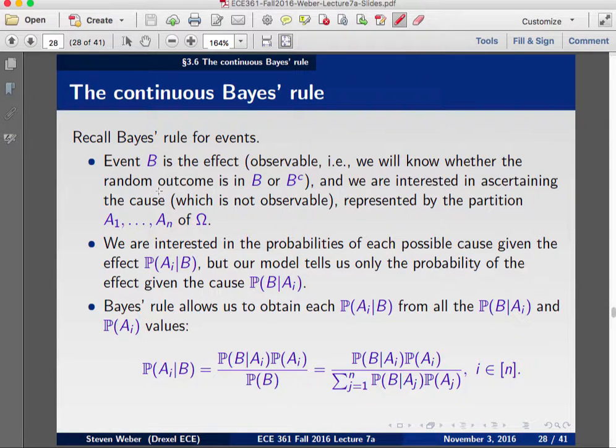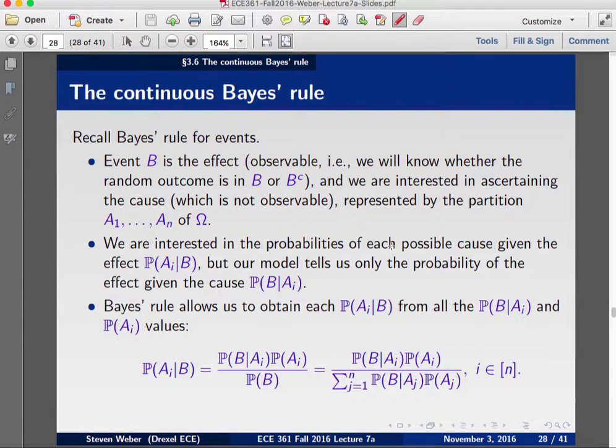So in the classic setting, B is the outcome of a medical test, and the cause is, in the simplest case, A or A complement, the person does or does not have the disease, which the medical test is seeking to assess. So given that the test has come out a certain way, the natural question of greatest interest to the patient and the doctor is the probability of the cause, the disease, being there given the outcome of the test. So that's what this second bullet says.